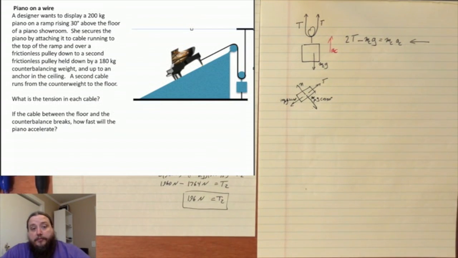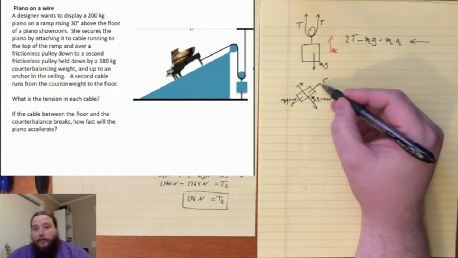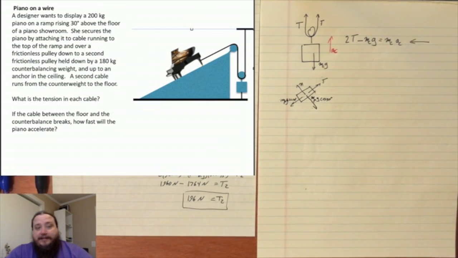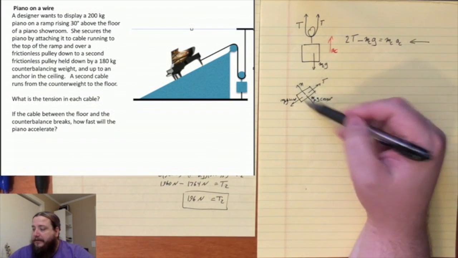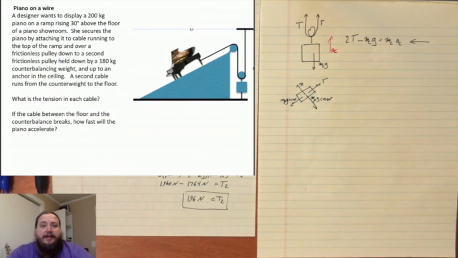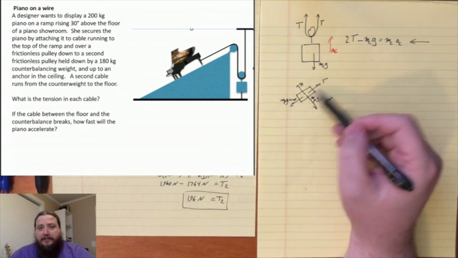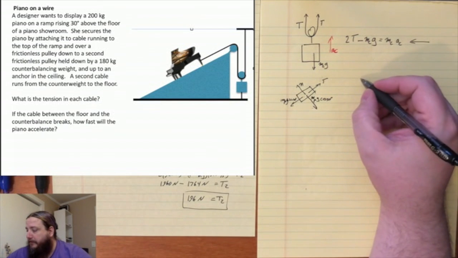Again, the same four forces that we had earlier, except that the value of this tension force has likely changed. The perpendicular components again aren't going to tell us anything interesting, so let's look at just the parallel components.